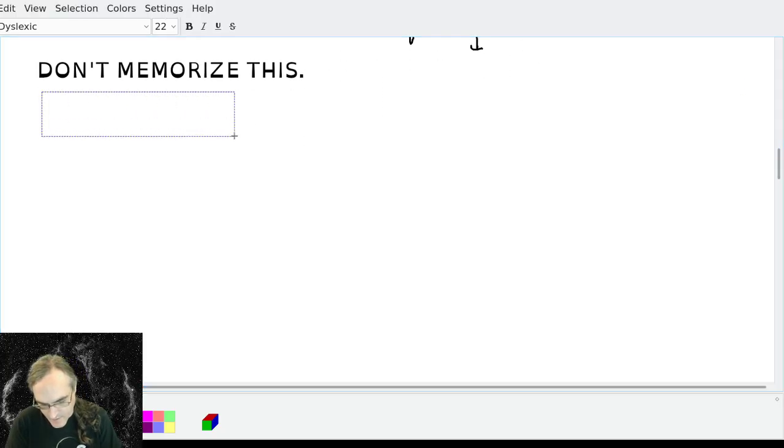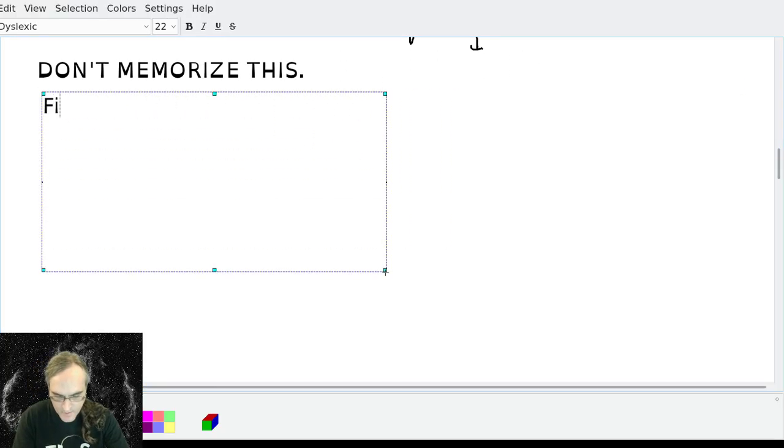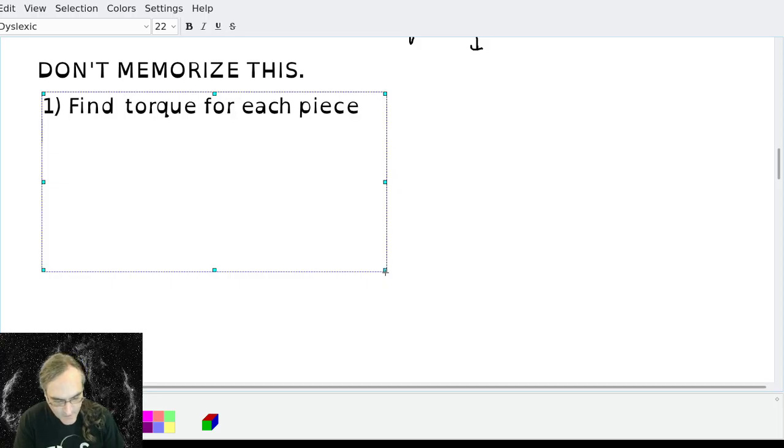So for each one of these, you want to find the torque for each of the pieces around the pivot point.